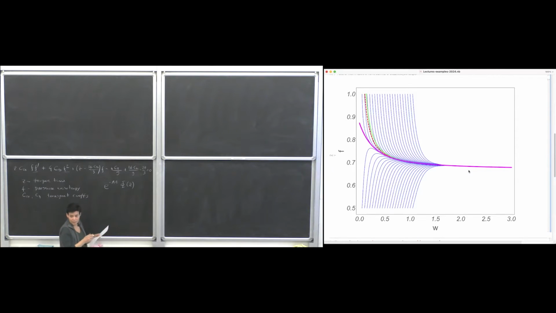Z, again, I'm assuming Z large, because I'm trying to solve at late times. So phi of Z is equal to e to the minus A Z, times Z to the beta, and I have the sum of C_n Z to the minus n. I don't know what beta is, I don't know what A is, but I have a differential equation. I can just plug it in, I can calculate them. And indeed, you calculate these, this is very easy.